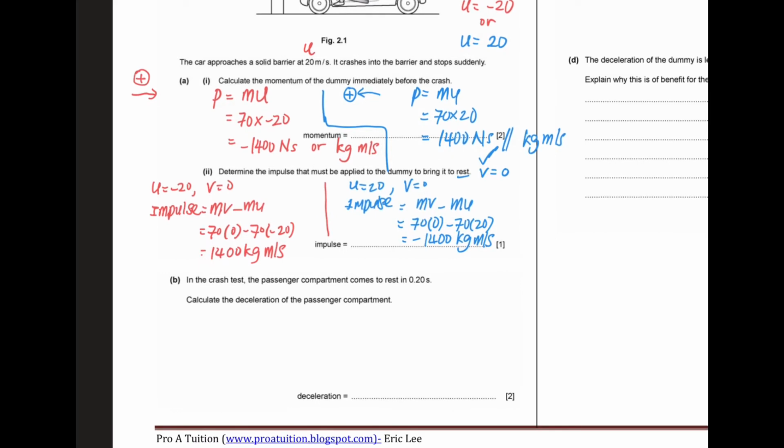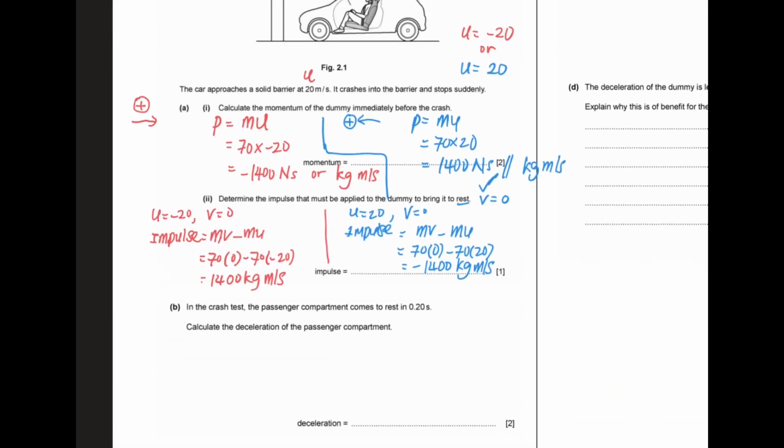Okay, so now let's see what they give in the mark scheme. So again, 1400. Okay, so if you have negative 1400, it is still correct because they mention it here.